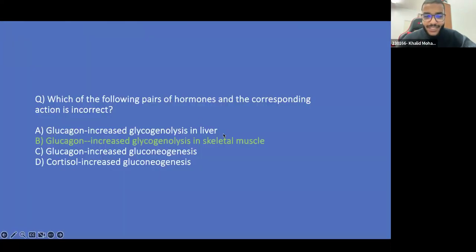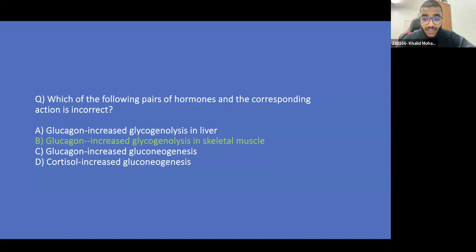Do you guys know why? We said that increased glycogenolysis is glucagon, right? But the part that's wrong is skeletal muscle. Okay. Now this is very important, especially for your mole exam, but it's also important here. You need to know where hormones act. You don't only need to know the function, so you need to know where it acts.